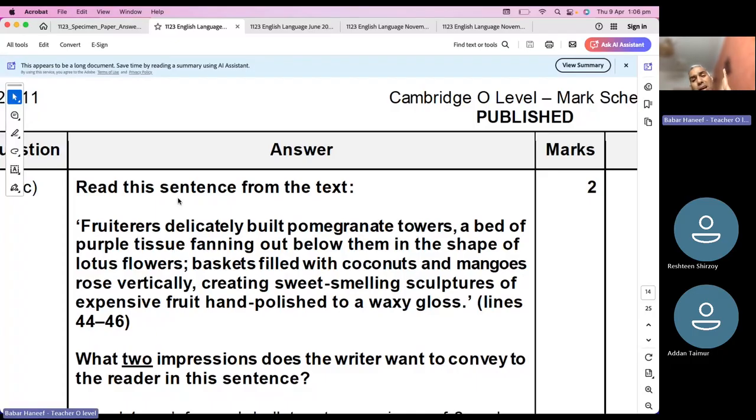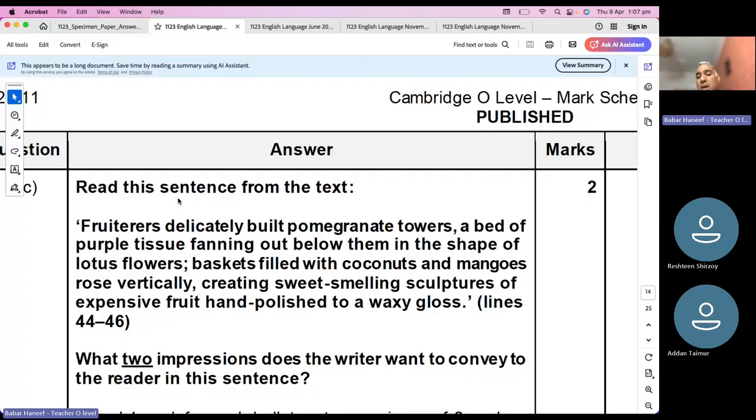If you have ever seen the roadside fruit vendors, you will see that they always build fruit towers like this. You might have seen that they make whole towers with oranges or pomegranates, right? So this seems to be that image, fruiters delicately built pomegranate towers, a bed of purple tissue fanning out below them in the shape of a lotus flower.